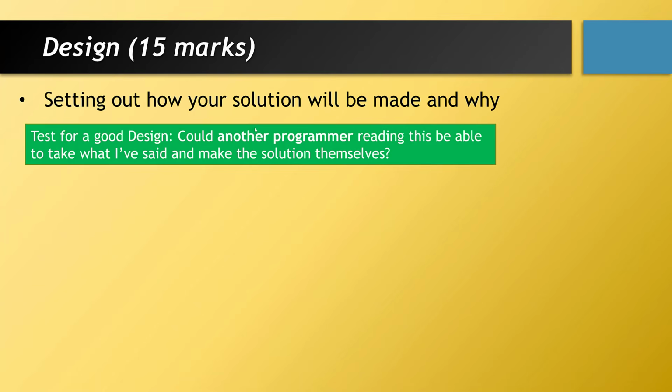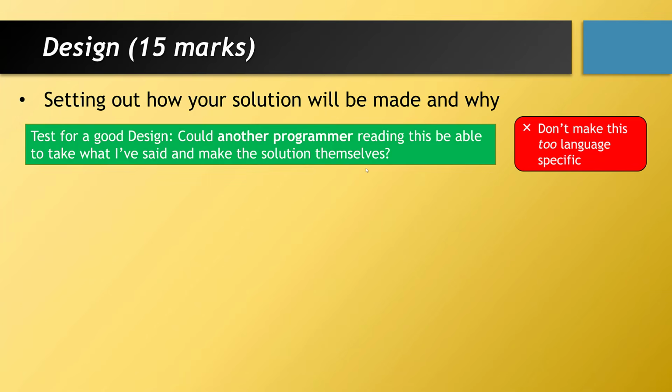And we're looking to make it really clear so that in an ideal world, some other competent programmer could take all of your designs and make the solution themselves. So if only you can follow it, that's not a great design section. Which is why we want to try and make it not too language specific.